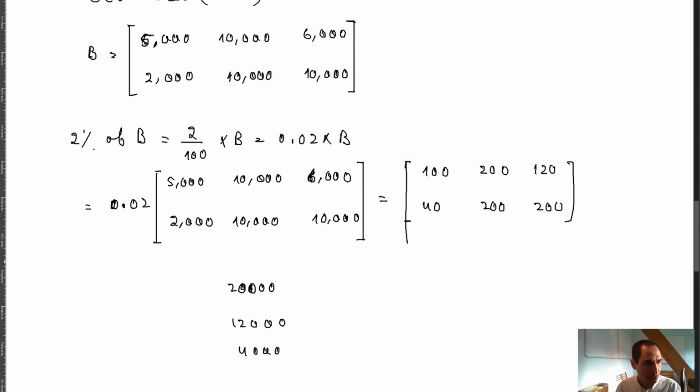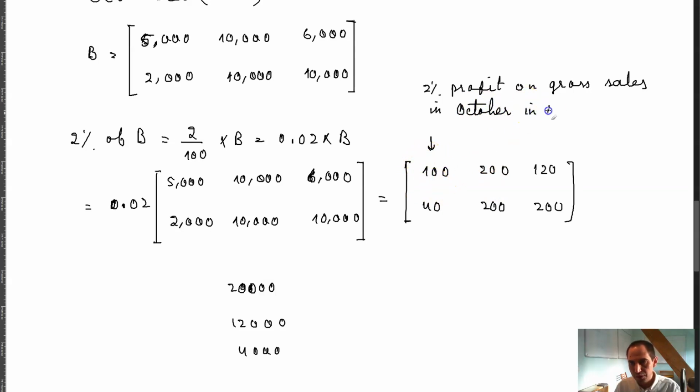So this matrix is the 2% profit on gross sales in October, and these figures are in rupees, right?